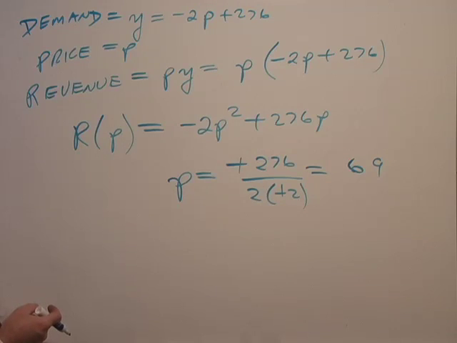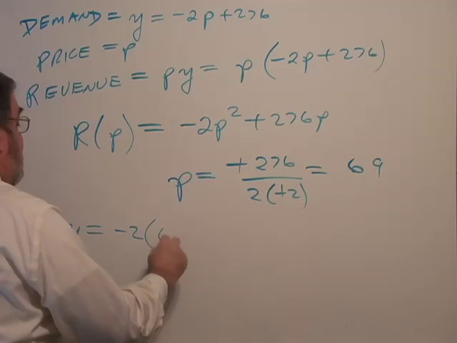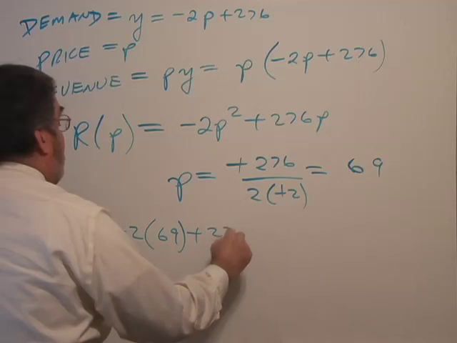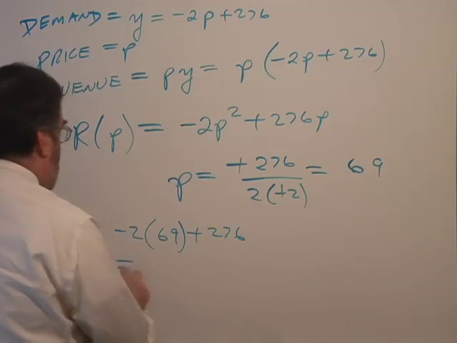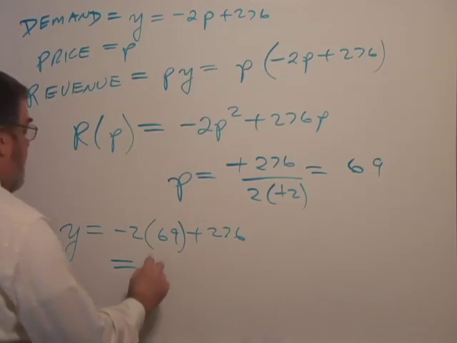Now, there we go. So let's see what we got. The demand, how many rooms would they rent out? The demand is up here. So Y would be minus 2 times 69 plus 276, and I think that would be 138.